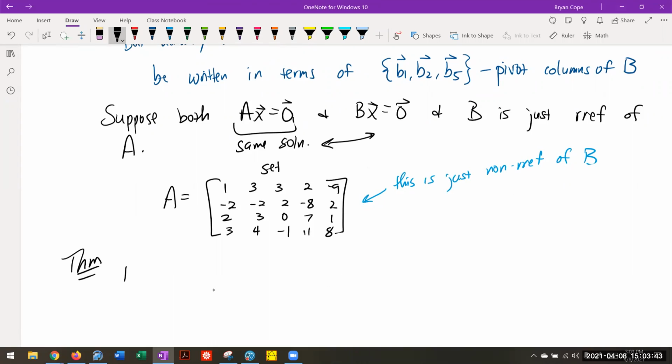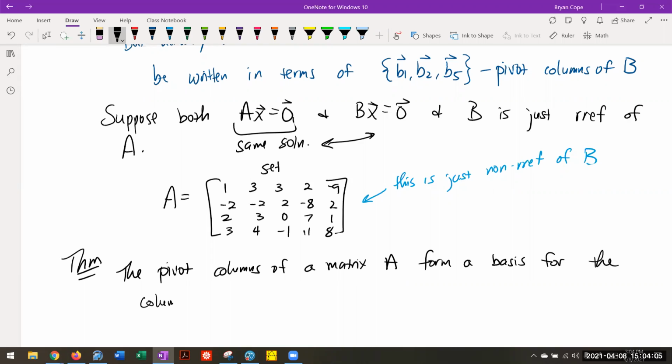This is a theorem: the pivot columns of a matrix A form a basis for the column space of A. Which means in this case, the basis for Col A is A1, A2, and A5. Let's just use letters, not write them out.